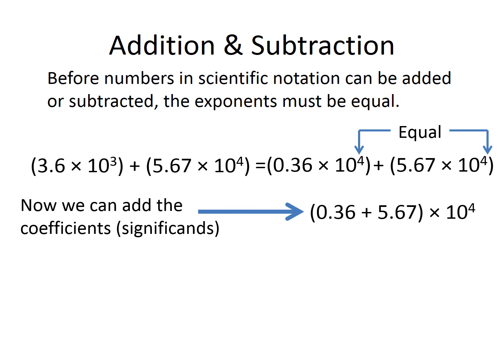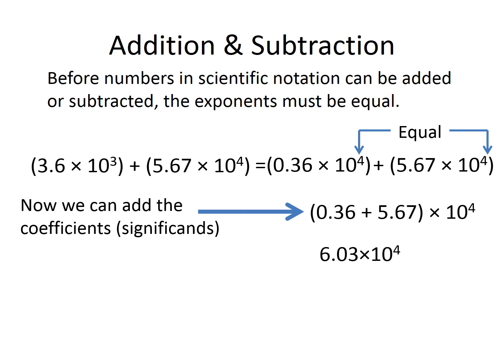We go on and add these together like this. We have 0.36 plus 5.67, and the powers are the same. In addition, we don't do anything with the powers. 10 to the fourth stays 10 to the fourth. We end up with 6.03 times 10 to the fourth.